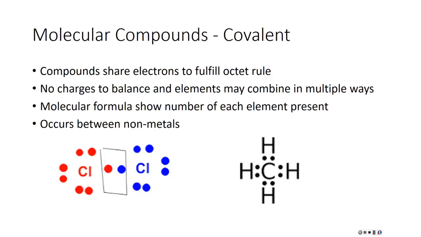Carbon is further to the left on the periodic table, so I'm going to put that in the center, whichever one's further to the left. The reasoning is that it's going to make the most bonds. It needs to make 4 where oxygen needs to make 2, but I just remember it as the furthest to the left. That's not always going to work out 100%, but 90, 95% of the time it does.